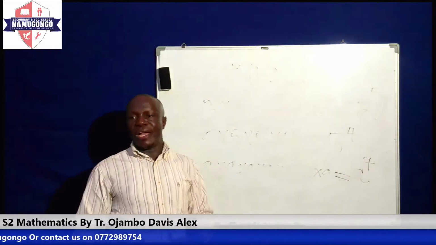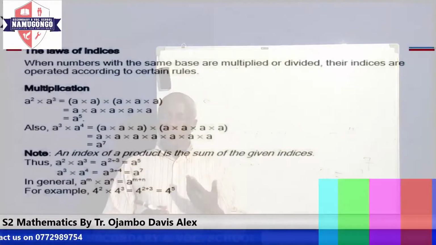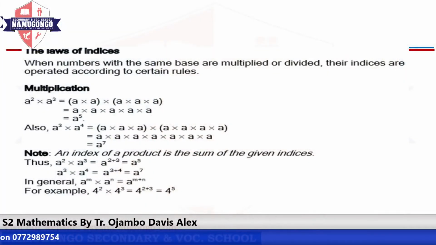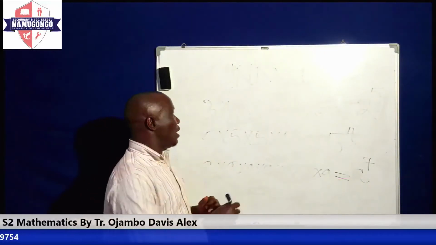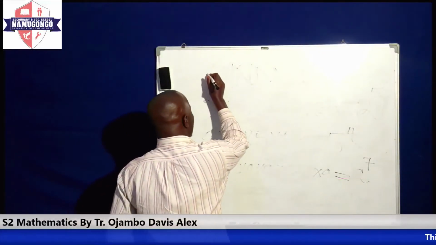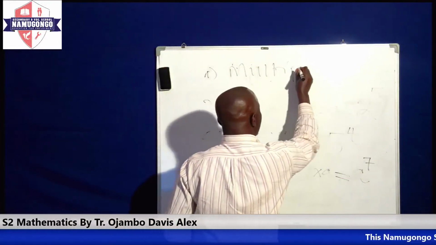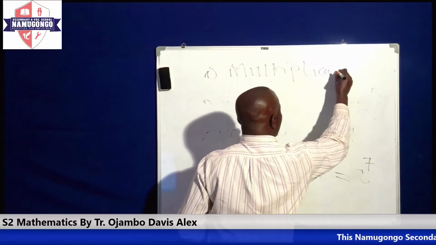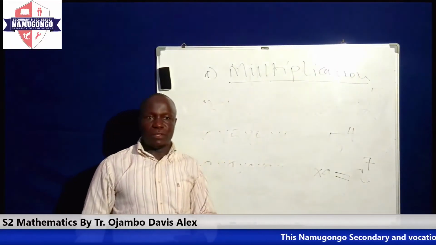When we are looking at the laws of indices, when numbers with the same base are multiplied or divided, their indices are operated according to certain rules. We shall look at multiplication. What happens when you are multiplying numbers with the same base?